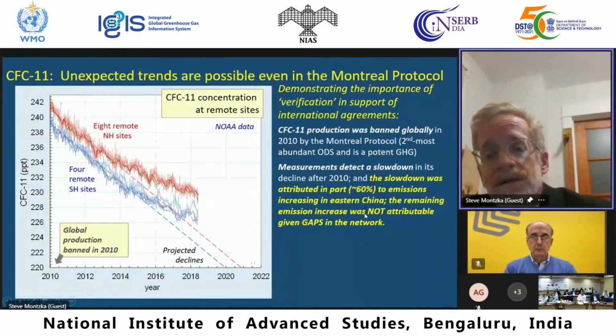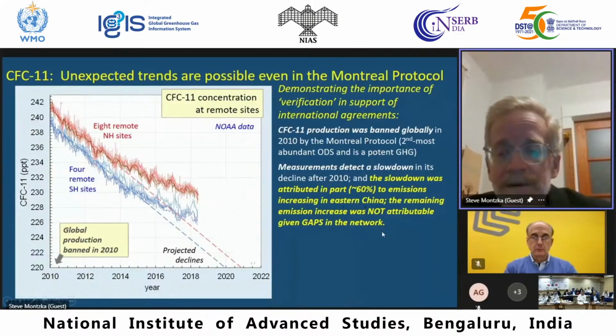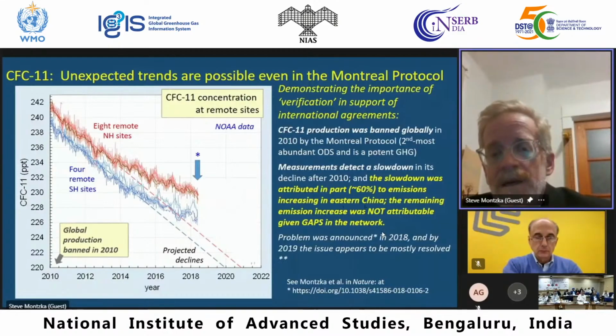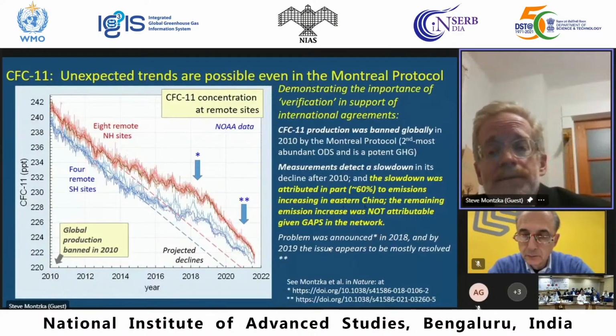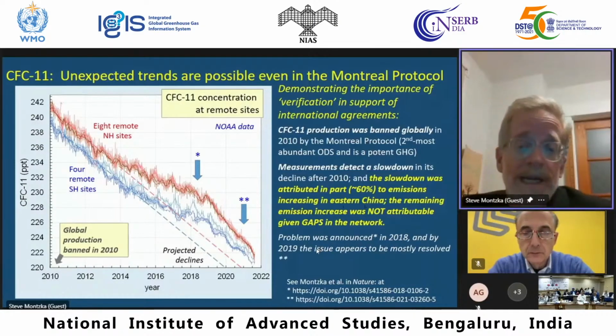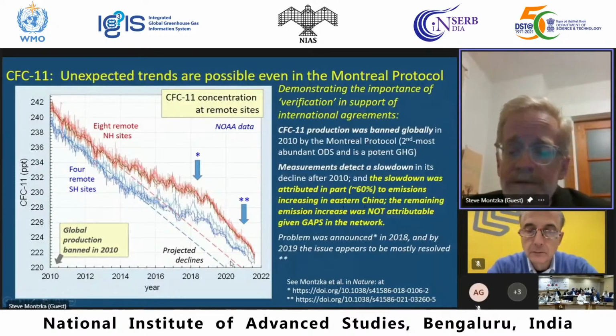But the remaining emission increase was not attributable given those gaps in the network. We announced this finding in 2008. Unfortunately, since that time, concentration decline has rapidly accelerated. So the issue appears to be mostly resolved by now, although currently concentrations are still enhanced compared to what we expected before.